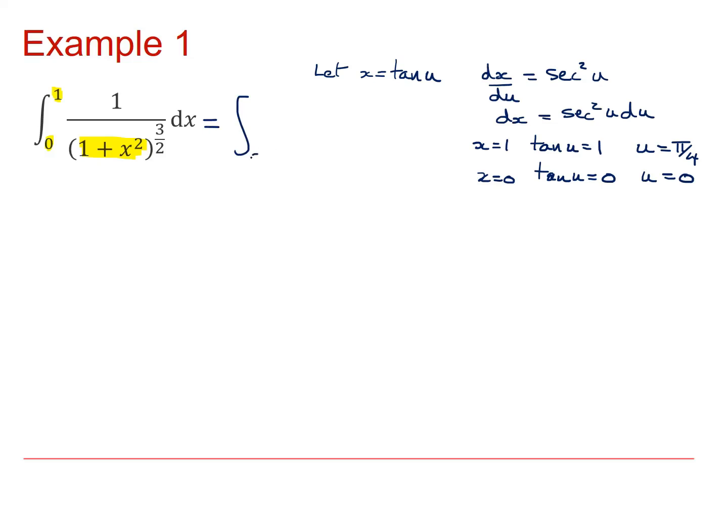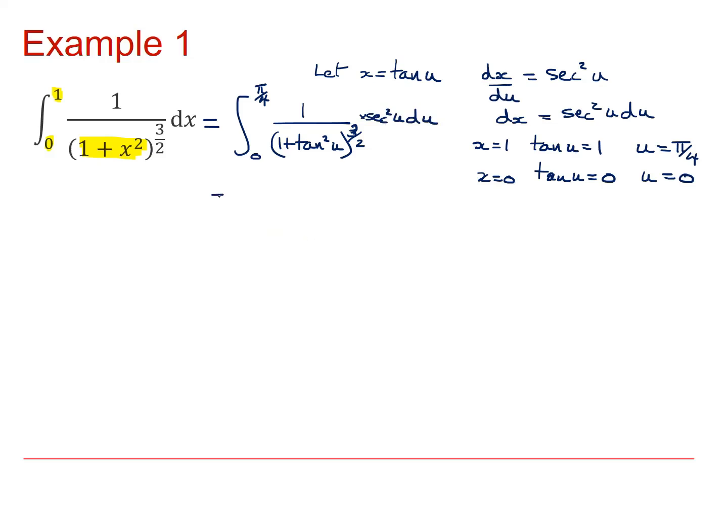It's going to be the integral between 0 and pi by 4 of 1 over 1 plus tan squared u to the power 3 over 2, times sec squared u du.